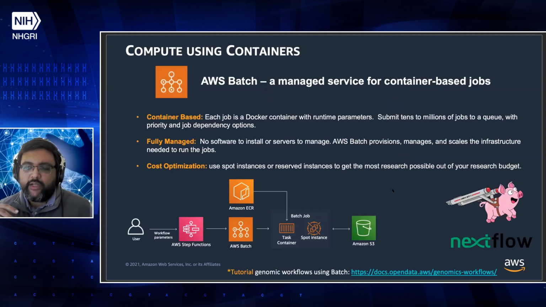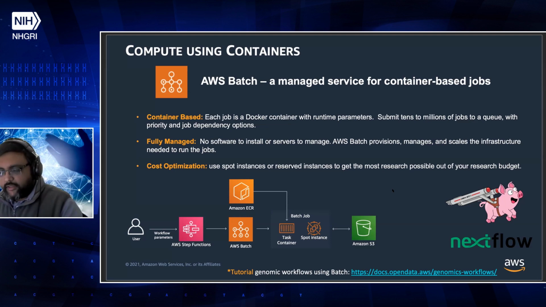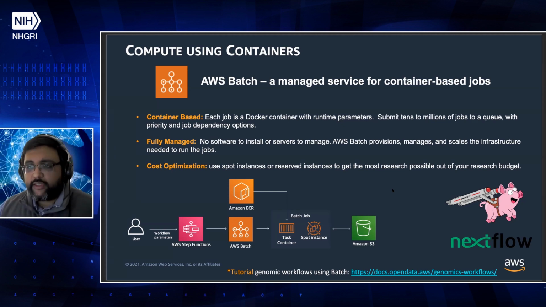And specifically, when it comes time to use these containers that somebody else has provided or you have developed, we provide services like AWS Batch, which is a managed service for container-based jobs. You can take a containerized workflow and run it across a whole host of datasets or samples that you want to process in a cost-efficient manner using AWS Batch. And we also support the community workflow description languages, for example, Cromwell and Nextflow, to run optimally on AWS.